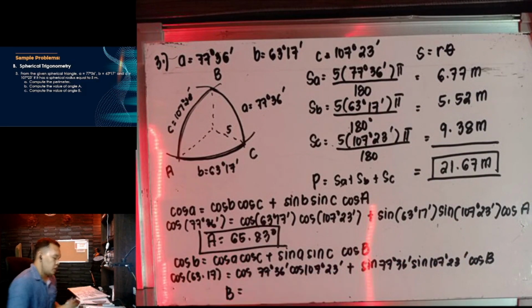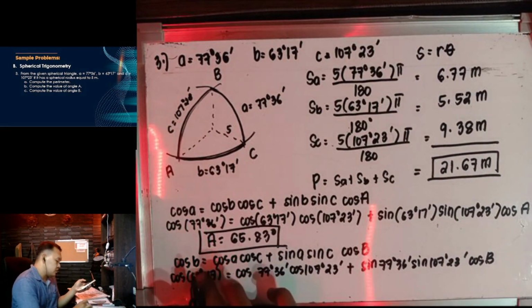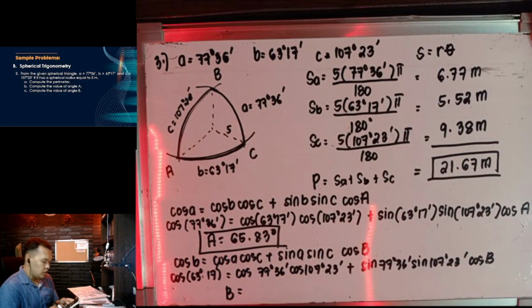Therefore, B is equivalent kay arc cosine 63 degrees and 17 minutes minus cosine 77 degrees and 36 minutes times cosine 107 degrees and 23 minutes divided by nito sine 77 degrees and 36 minutes sine 107 degrees and 23 minutes.